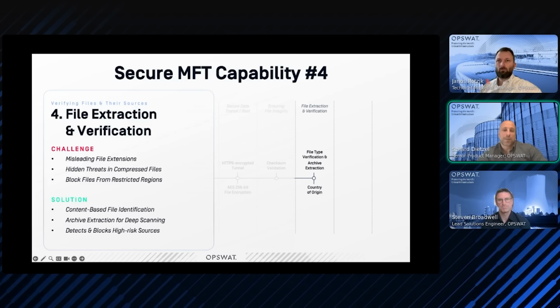And for encrypted files, we can also quarantine them or route them for special handling, like requiring the password via a secured side channel. We also support country of origin tagging, very important, and more organizations are relying on these techniques to be in control. Again, the word control is very important. These are the types of things I allow to enter my high security network, and those are the ones I definitely don't want to see.